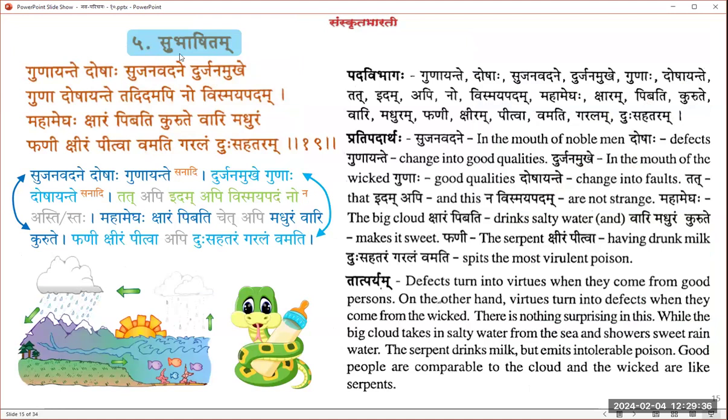Okay. So Sushtu Bhashitam, Subhashitam. Gunayante doshaha sujanavadane durjanamukhe guna doshayante tadidamapi no vismayapadam. Actually, durjanamukhe has to be taken next. The way the verse splits, it's a little tough reading if you are taking it with meaning, but if you're just reading as is, no problem. So let me start again.